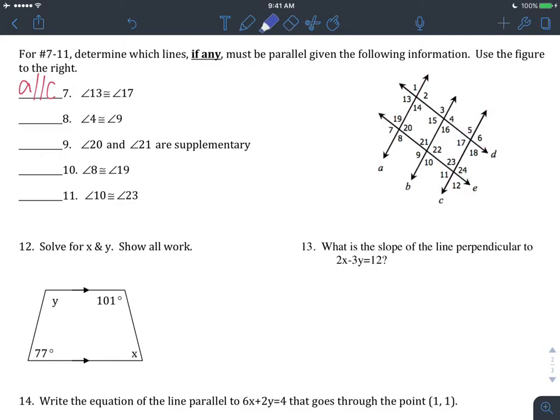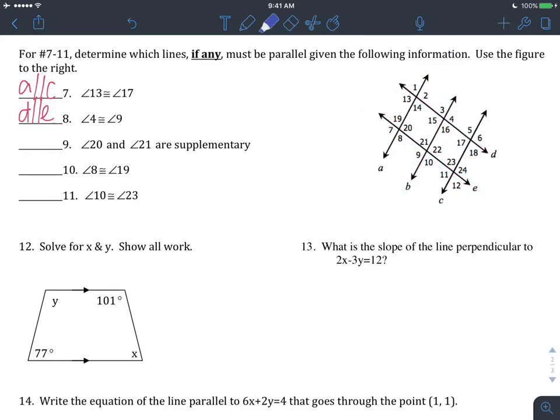All right, next one, 4 and 9. Here's 9. There's 4. Okay, so the lines that form these two, you have line B, and then you have D and E. So those are alternate exterior angles. So D has to be parallel to E.